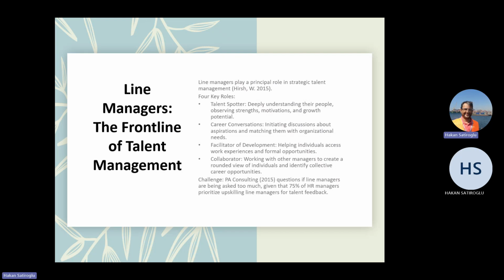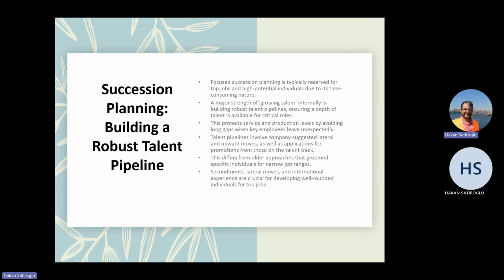So that's why line managers are being asked too much. There is one critical challenge: 70% of HR managers prioritize upskilling line managers for talent feedback. HR managers are not able to reach everyone, so line managers are the nerve system of this project.